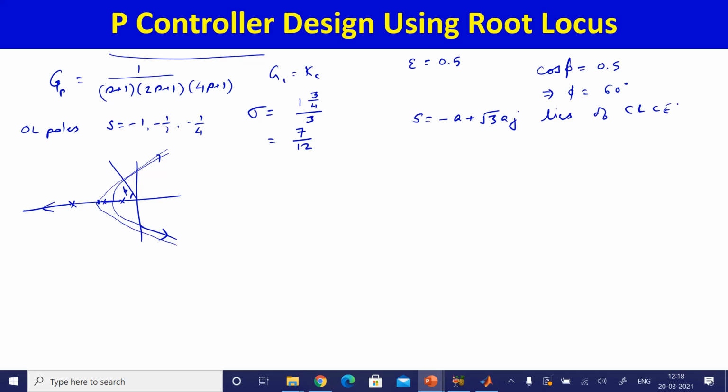and the closed loop characteristic equation is actually s plus 1 into 2s plus 1 into 4s plus 1 plus kc equal to 0.